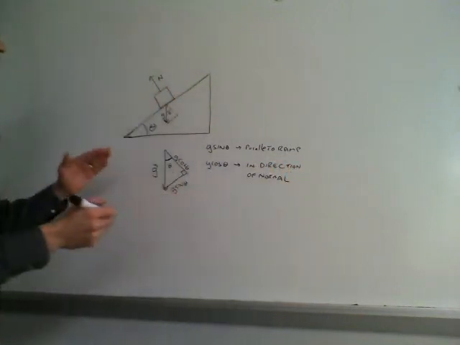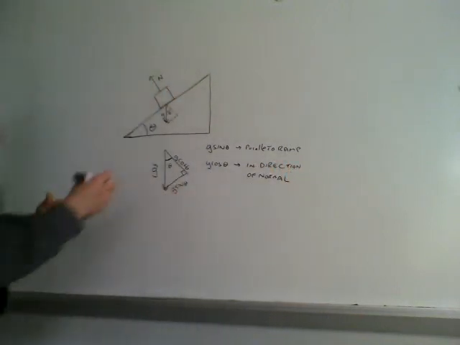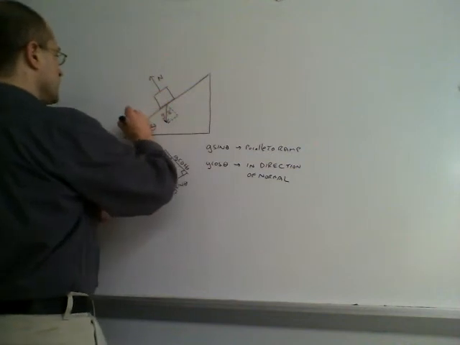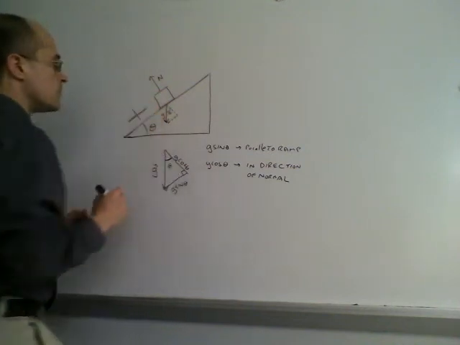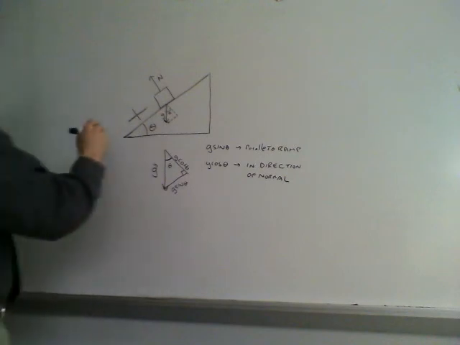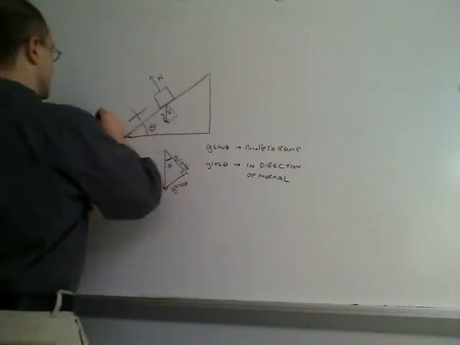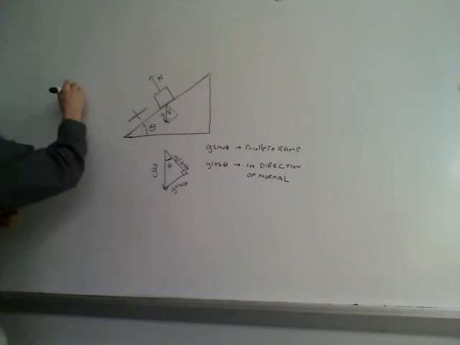So the general strategy when you're working on an inclined plane is to draw your coordinate axis so that your x-axis is parallel to the plane. So we'll draw our coordinate axis.